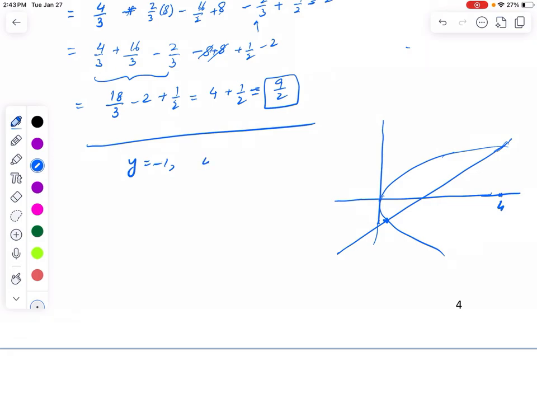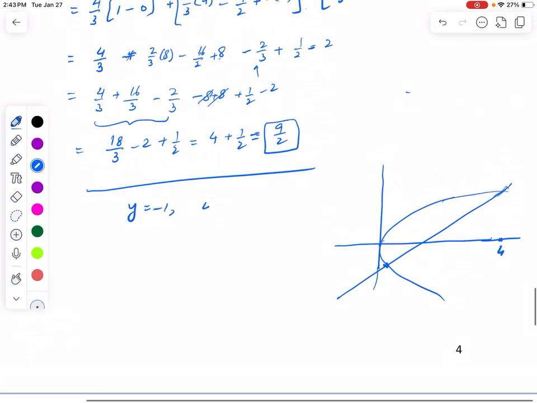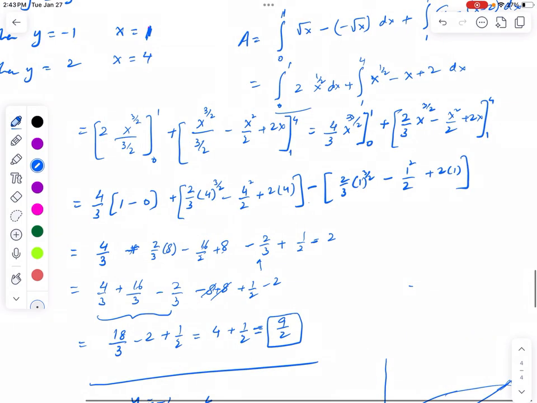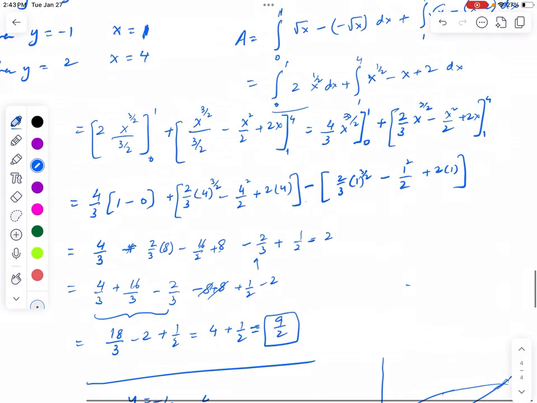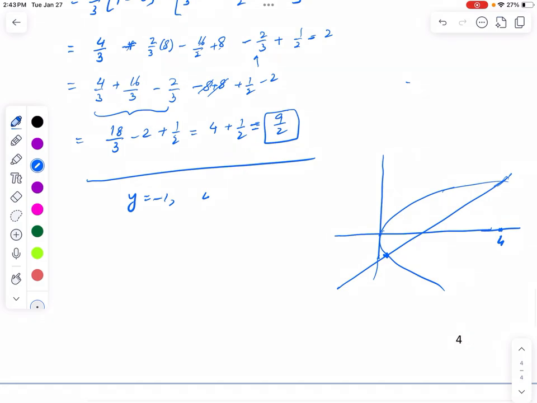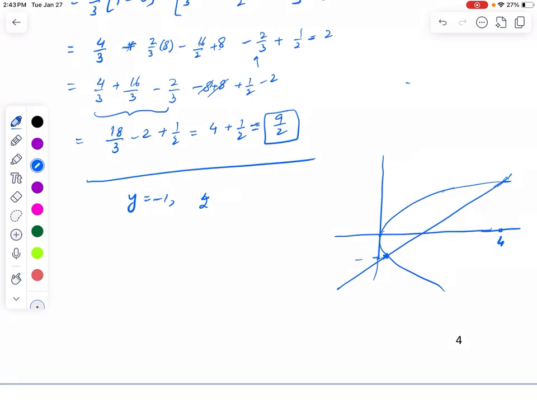So this is going to give me 6 minus 8 over 3, and this is going to give me -1/2 plus 2 minus 1.